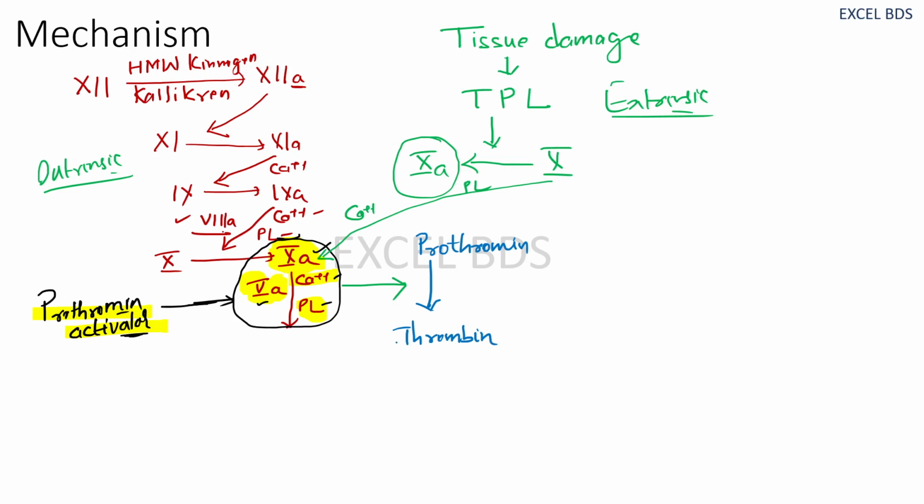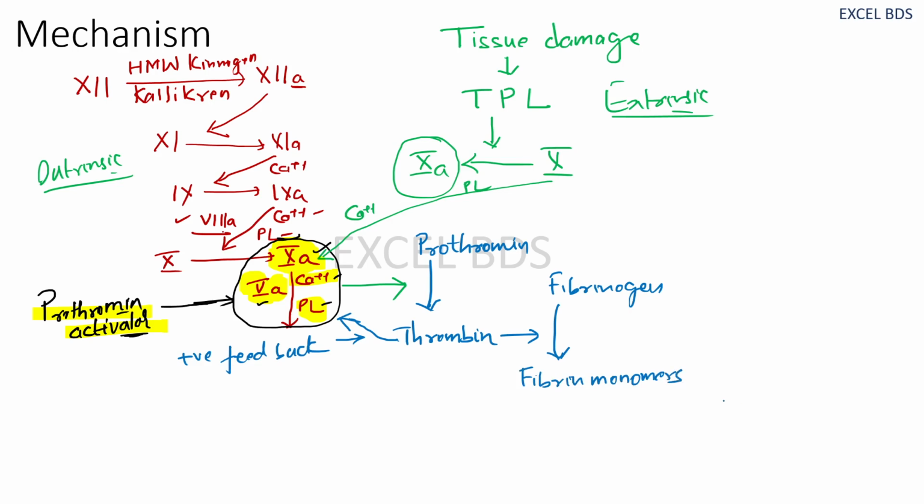Now the thrombin which is formed here can also activate its own formation. So thrombin can activate the formation of prothrombin activator, and this is a very good example of what is called a positive feedback mechanism. Now this thrombin is going to cause the conversion of fibrinogen into what are called fibrin monomers.